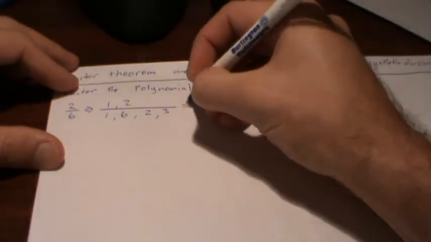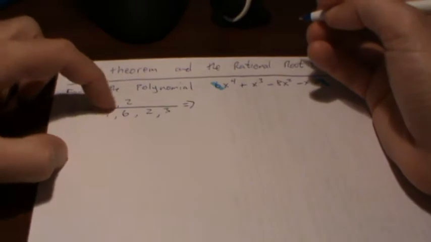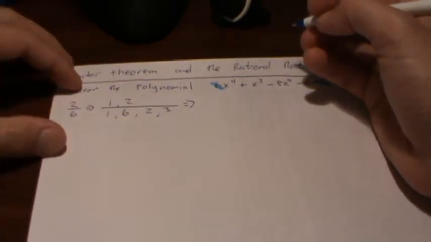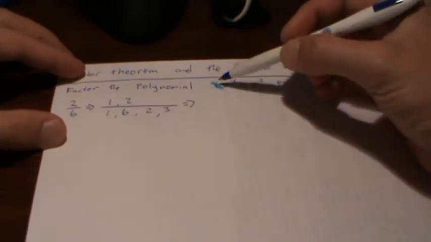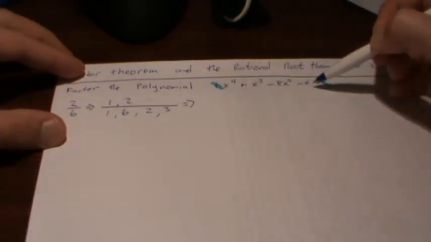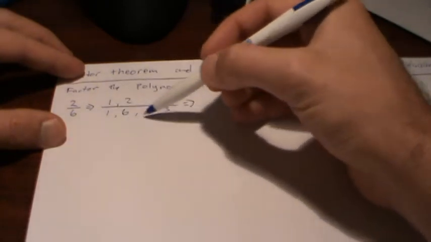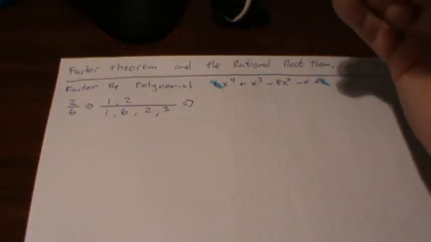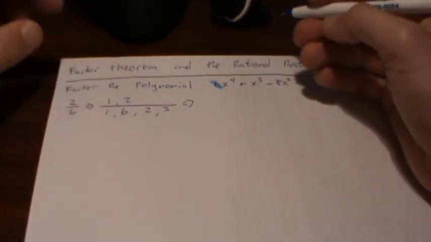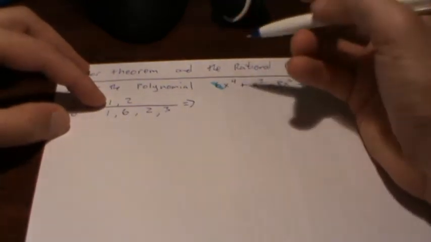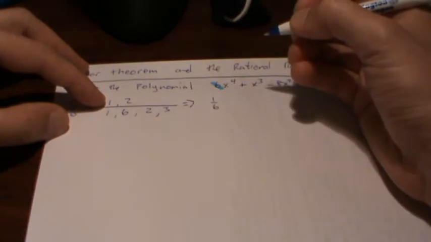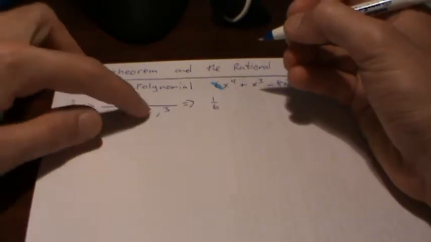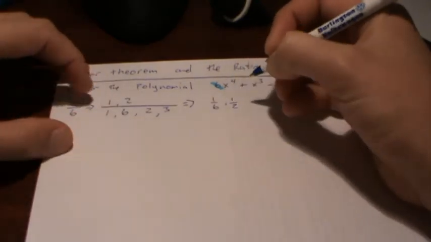Now what you do is you take combinations of these to figure out what are your possible factors. So rather than just trying a bunch of different numbers, you can narrow down which ones are actual possibilities by taking combinations of these. So the combinations work like this. One of them is 1/6. Another one is 1/2.